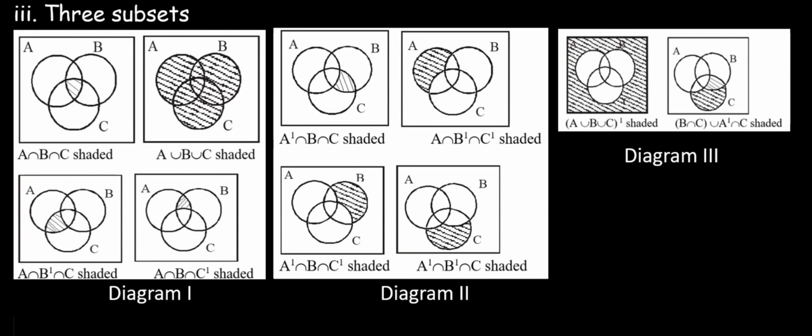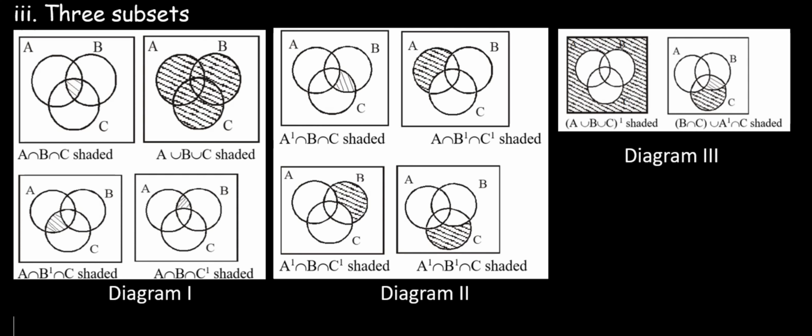Next, three subsets. In the first diagram, which is diagram 1, we have at the top A intersection B intersection C shaded, which is that portion that is common to the three subsets inside the universal set. Next to it is A union B union C shaded, which is the three subsets together shaded, but not anything else inside the universal set.